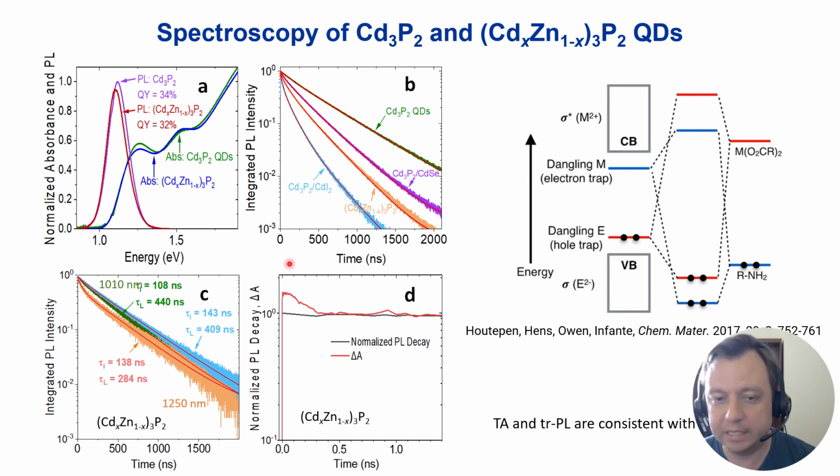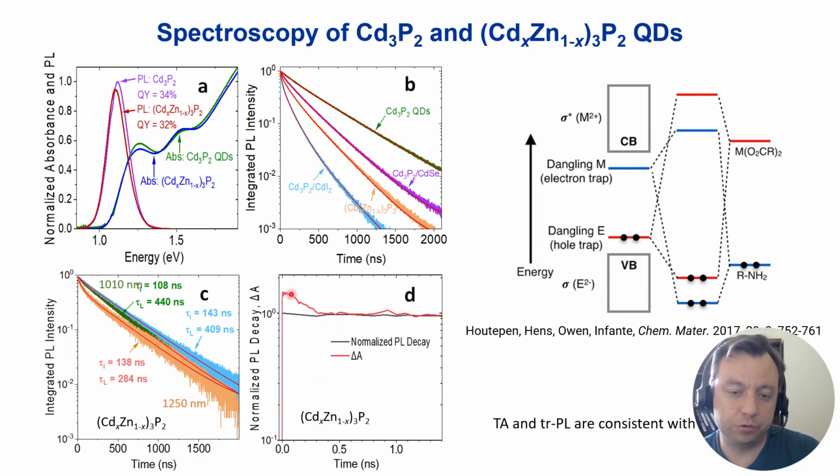How to mitigate it? Well, one way is to overgrow shells, and we see acceleration of emission with a cadmium selenide shell, or alloying zinc. But what really impacts the dynamics is coordination of Lewis acids, also called Z-type ligands, which coordinate to the surface phosphorus atom and push this lone pair of electrons down below the top of the valence band, and it stops acting as a hole trap.